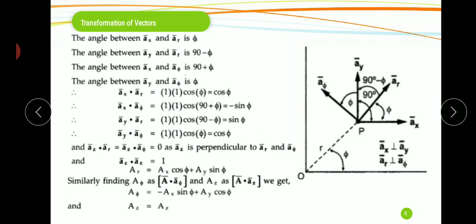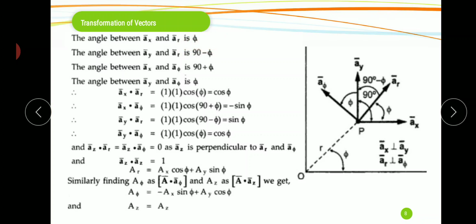Now substitute these values in the dot product formula. Here AX and AR are unit vectors, and we have to know the magnitude of a unit vector is equal to 1. So mod of AX bar is 1, mod of AR bar is 1, and the angle between AX bar and AR bar is phi. So the final answer is cos phi.